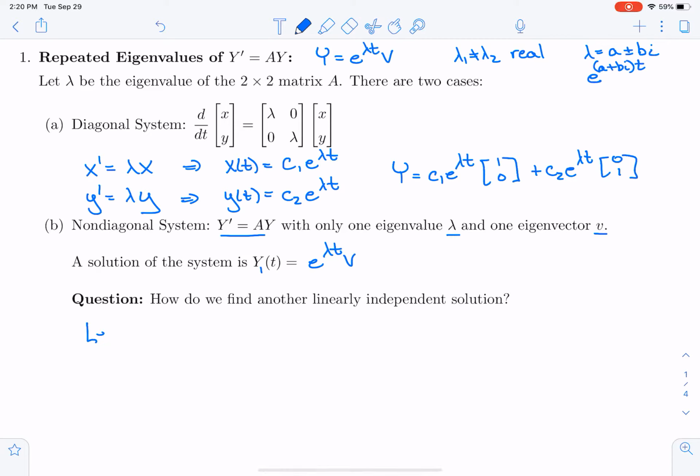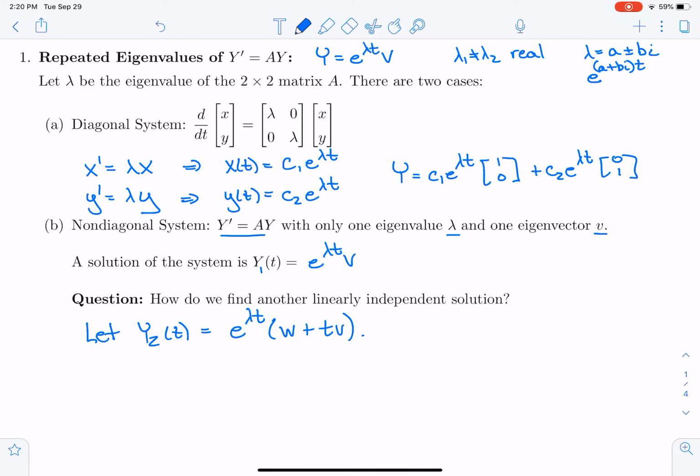So we could, in fact, if we wanted to, let our second solution be y2 of t, and we could think about it as being e to the lambda t times t v. But it turns out that's not actually going to be sufficient. Instead, we're going to multiply e to the lambda t by w, another vector, plus t times v, where v is the eigenvector.